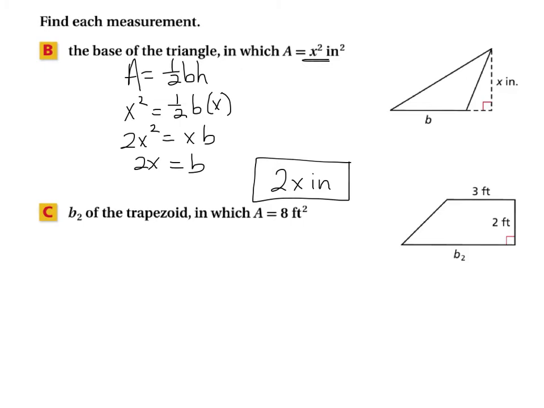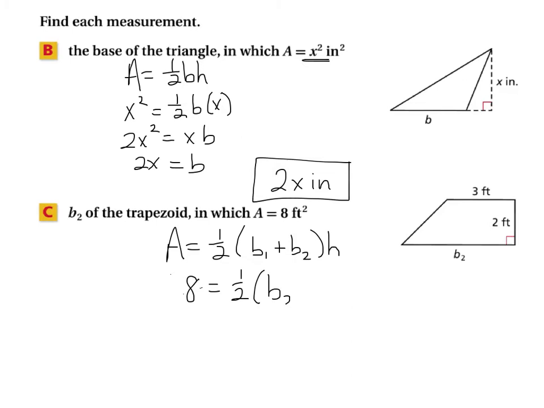In part C, we want to find one of the bases of the trapezoid, in this case, base sub 2. So 1/2 multiplied by the sum of our bases, multiplied by the height, and if we plug everything in, that would give us 8 equals 1/2 times base sub 2 plus 3, multiplied by 2.